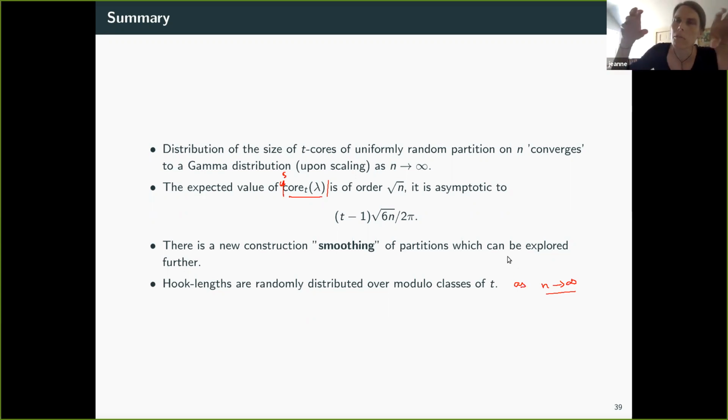So for example, take a level, say partitions of size M, sort of big, and then take much larger partitions of size N, which is much larger than M, and then you do this core construction and look at the distribution at level M. Do you know something about this?